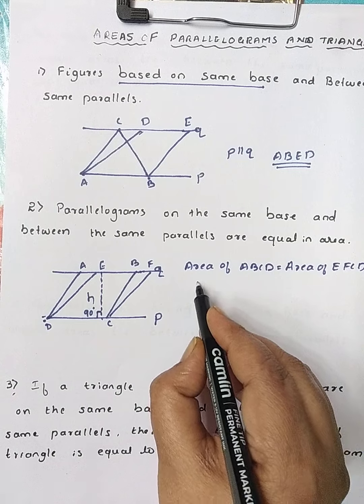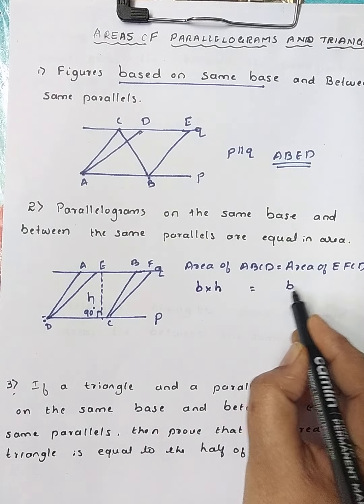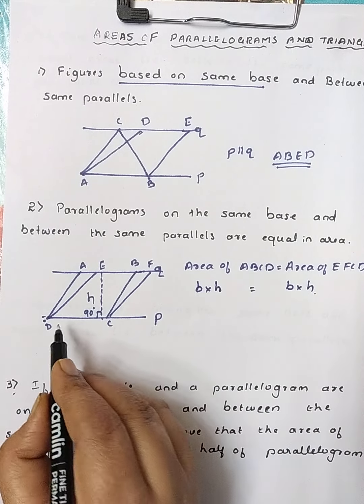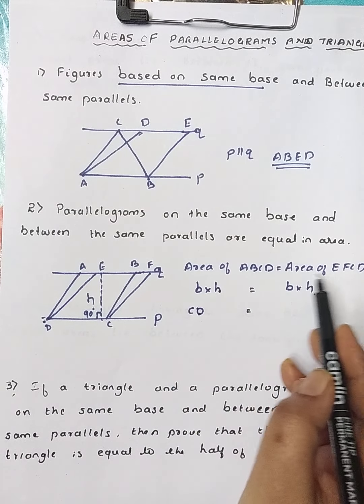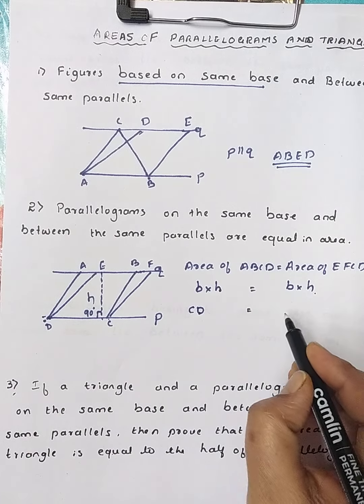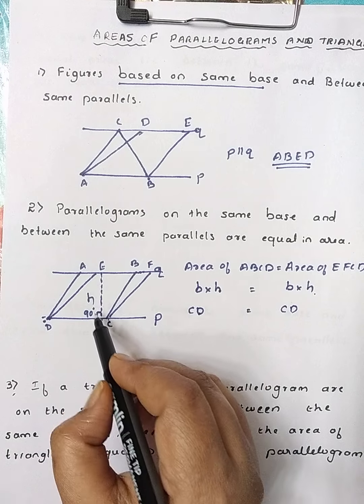The formula is base into height. Here also base into height. So what is the base for this parallelogram ABCD? CD. And here also for parallelogram EFCD, the base is CD.